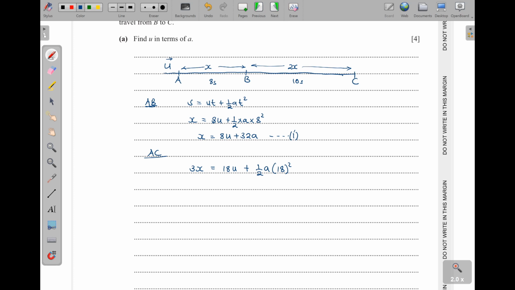Now here we shall have our x. Remember, x is 8u plus 32a. So I will just substitute. Then this one is equal to 18u, then plus a half of a.